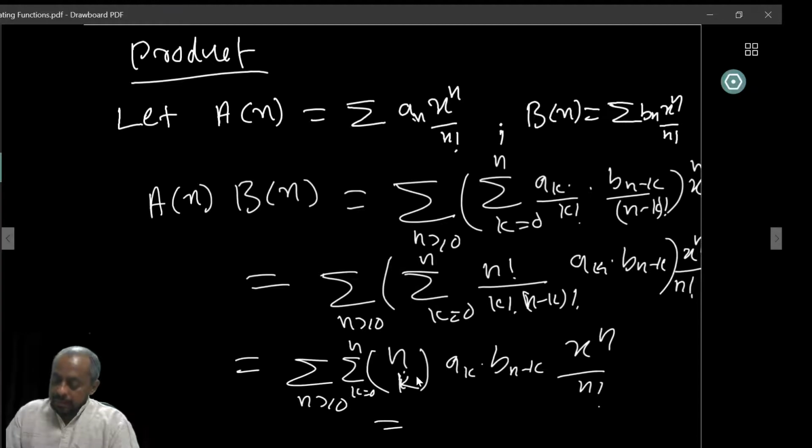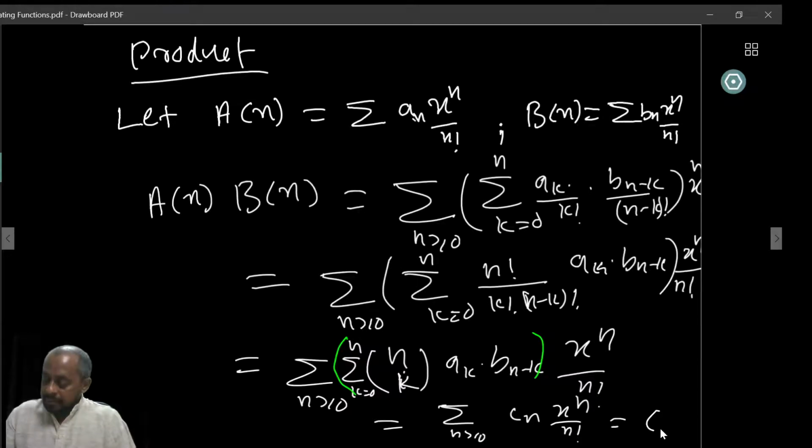And this entire sum within the bracket I can write as, let's say, C_n. Then this is equal to the summation over n of C_n into x raised to n by n factorial.